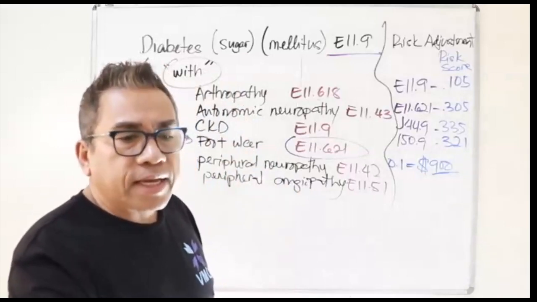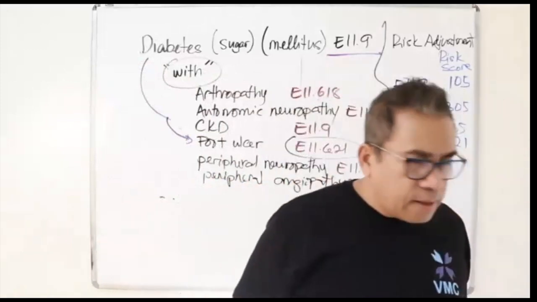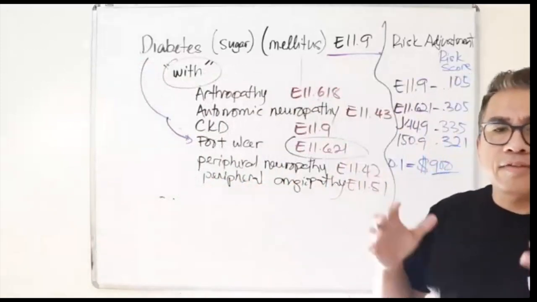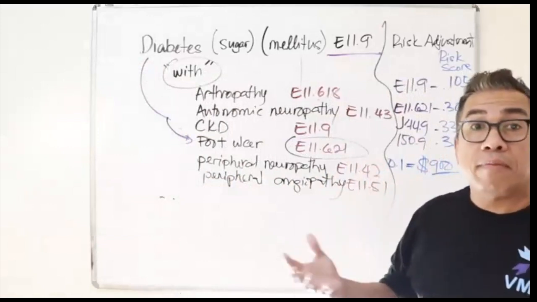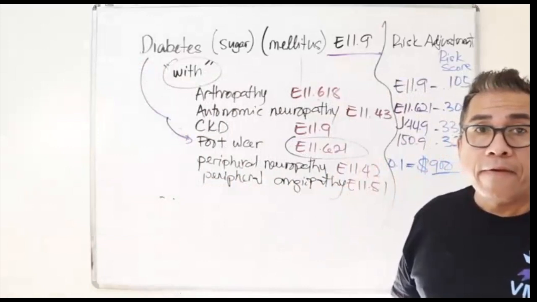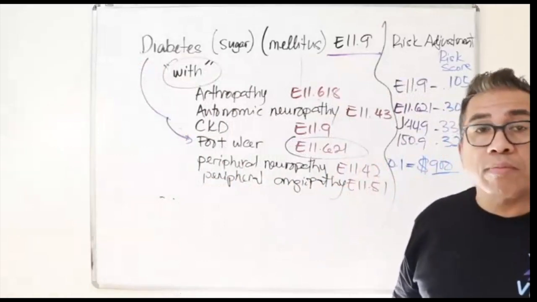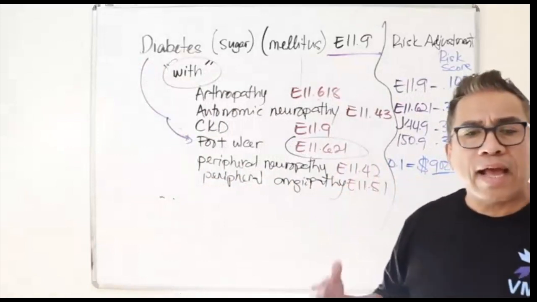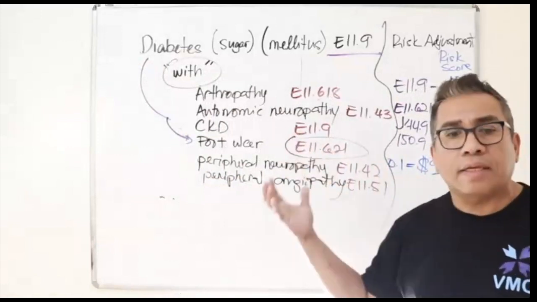So this is exactly the reason why following the coding guidelines, guys, is really a matter of life and death of the practice. The reason why small practices don't grow, they remain small, is that they don't have trained coders, trained people like us who study this.